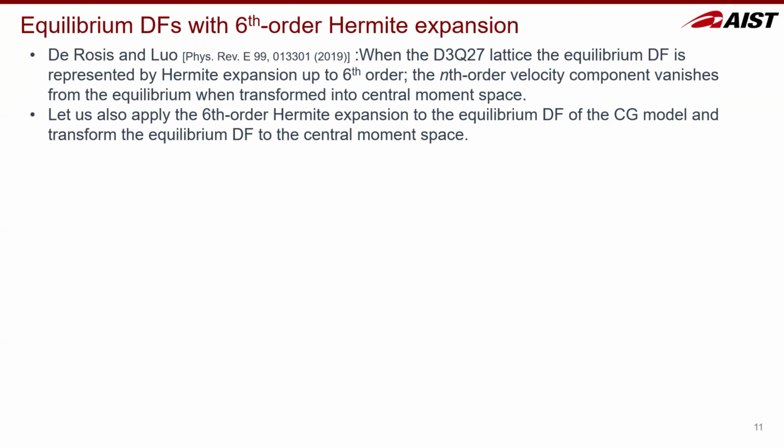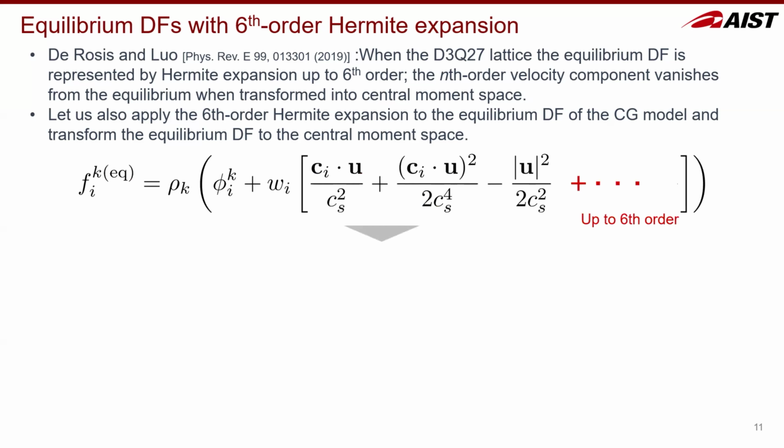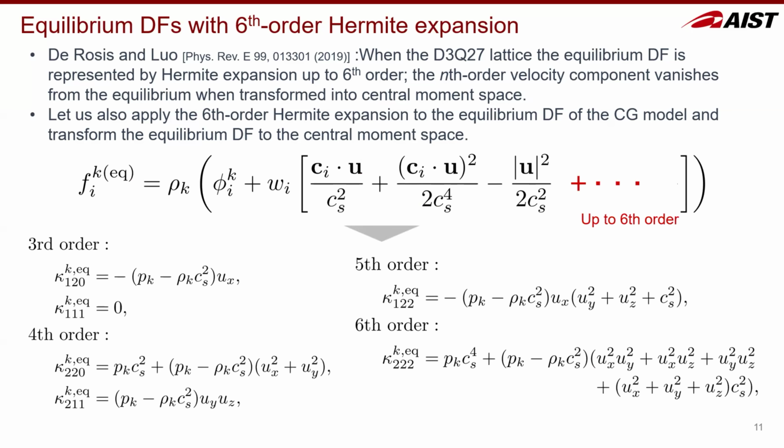So according to this work, let us apply the 6th order Hermite expansion to the equilibrium DF of the CG models. Here you can see up to 2nd order, so we are just adding the additional orders by using Hermite polynomials up to 6th order.